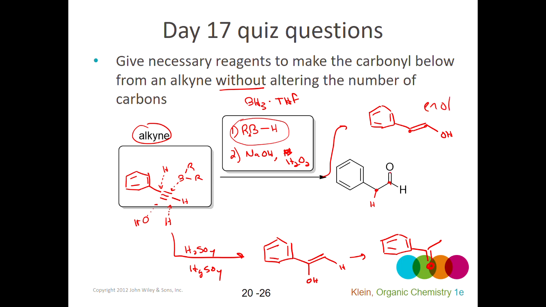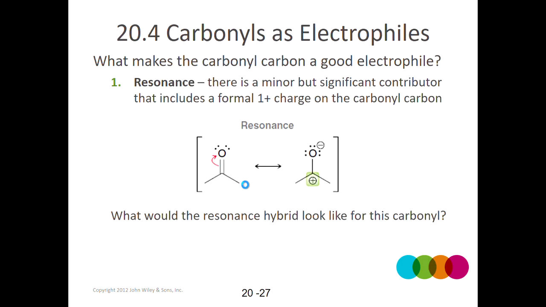CC double bond is not as stable as a CO double bond. And so that would be the final product after those two steps occur. All right, so that pretty much reviews and includes most of the reactions which I would expect you to use to form a ketone or an aldehyde.